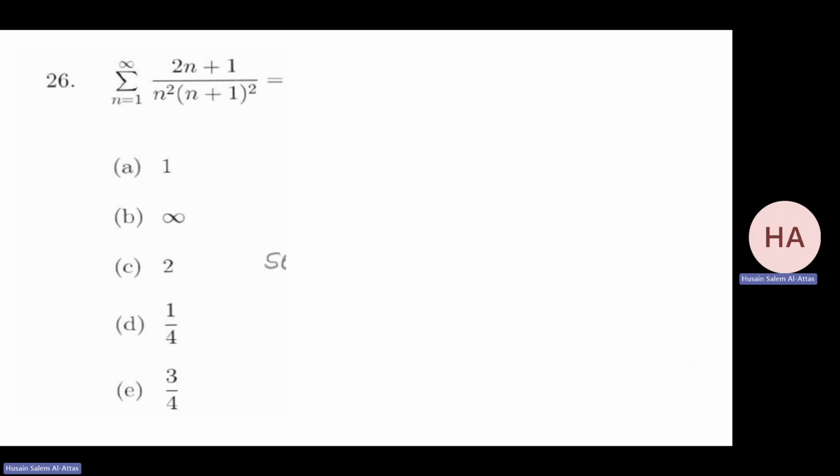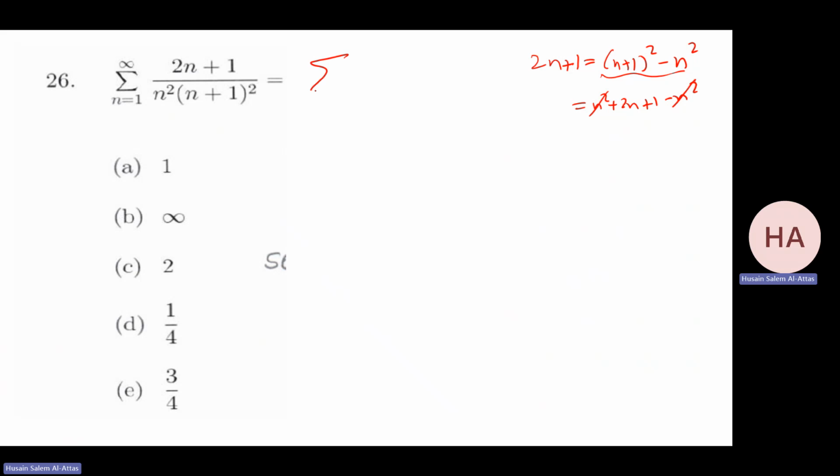Next, 2n plus 1 over n squared times n plus 1 all squared. Interesting. What will happen here? Here is the trick. Just notice 2n plus 1 is n plus 1 squared minus n squared. I can check: n squared plus 2n plus 1 minus n squared, so this is the same.